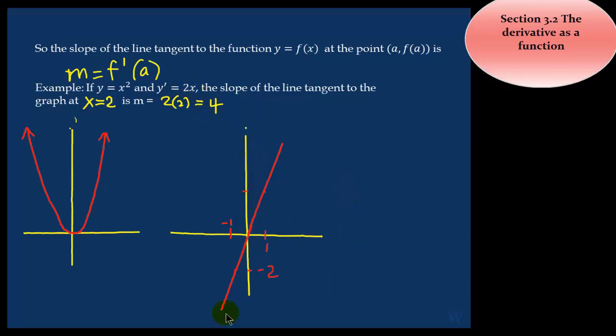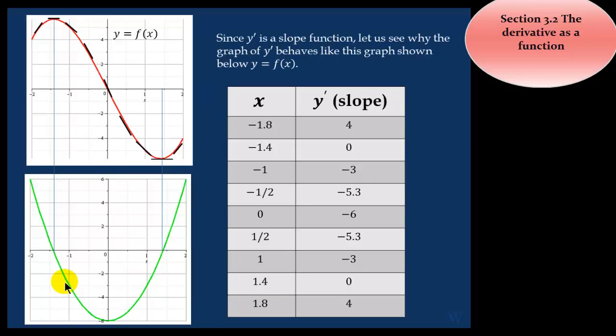So this just shows you the relationship between the slope function and the original function y equal to f of x. Here, let's go ahead and see why the graph of the derivative for the original function y equal to f of x behaves this way.